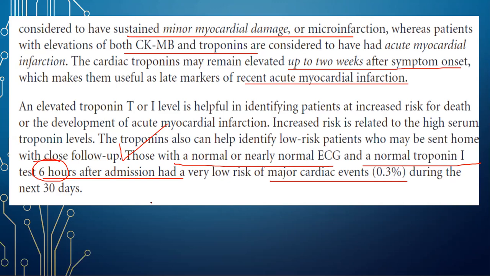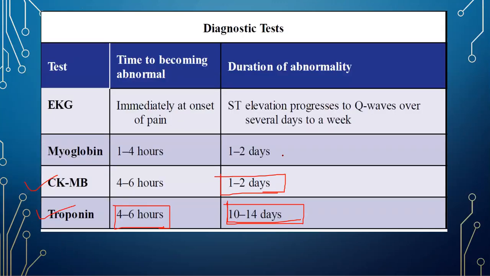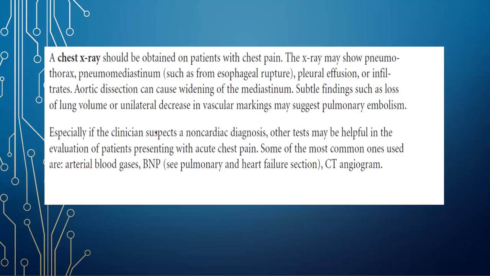So the borderline point is you have to do repeat troponin and repeat ECG at least up to 6 hours of onset of chest pain. So that's mainly your troponin and those sorts of things. You should have a very good idea on it. And sometimes you need to do a chest X-ray if you think this is a respiratory related condition. So you might need to think about pneumothorax, pneumonia, pleural effusion. At that time, you should do a chest X-ray.